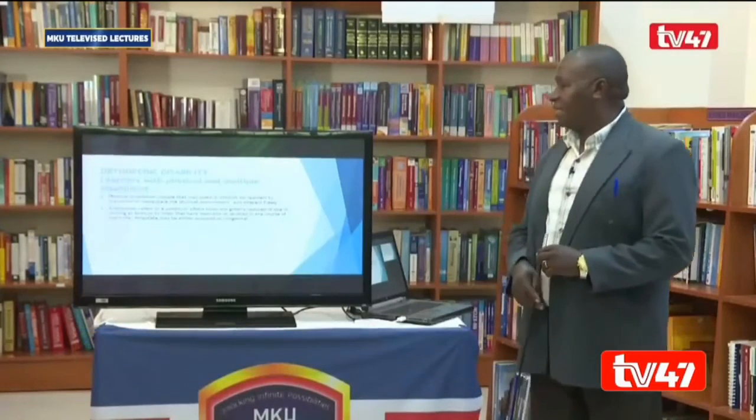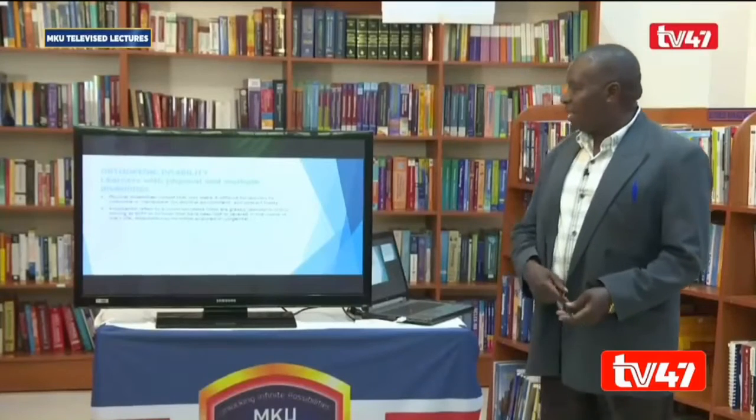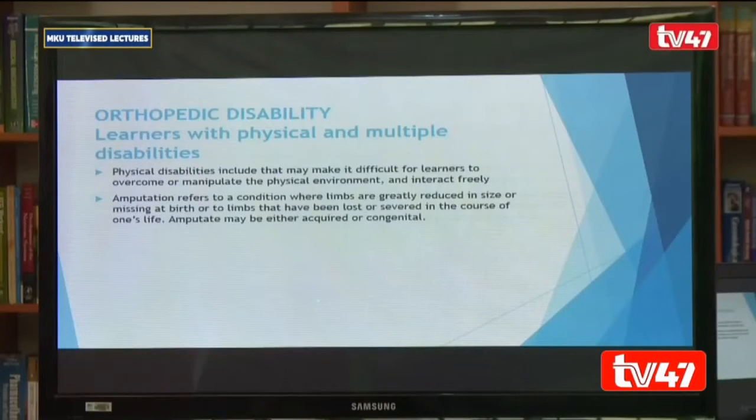Physical disabilities include conditions which may make it difficult for learners to overcome or manipulate the physical environment and interact freely with others. Here, what we mean by interaction with the environment is the physical activities which we always do.